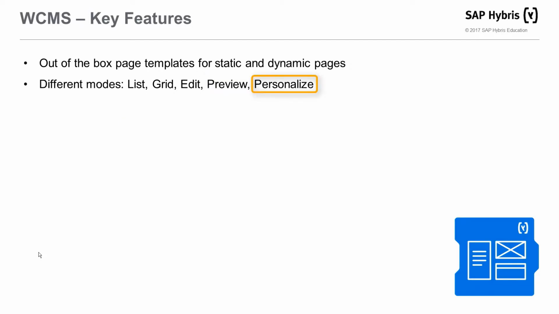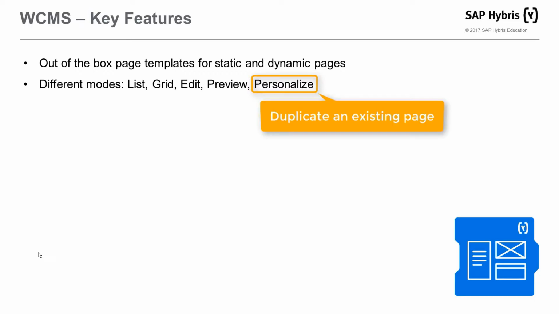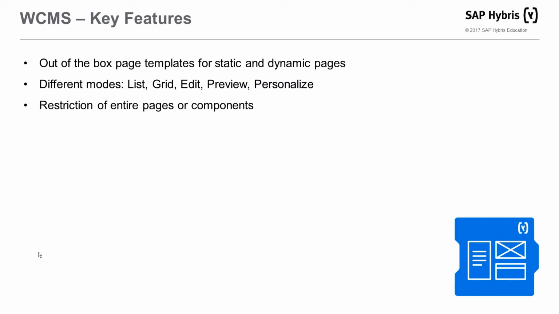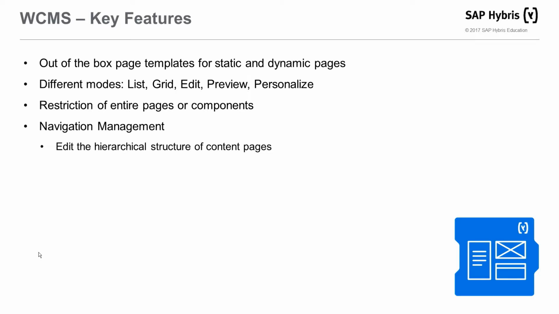The Personalize mode makes for easy creation of personalized pages by duplicating an existing page and using visibility restrictions to customize the view for specific users or customer segments, time or date ranges, and so on. WCMS allows you to manage the navigation of the website. This means you can edit the hierarchical structure of your content pages as well as configure links used in the storefront navigation bar.